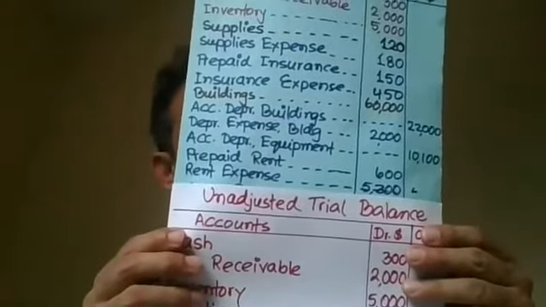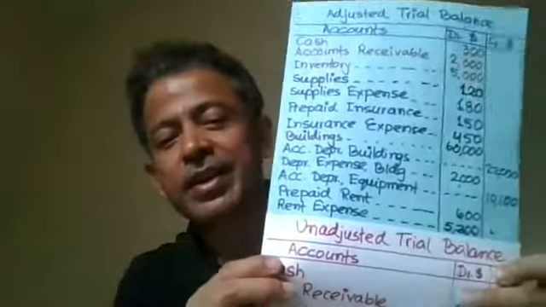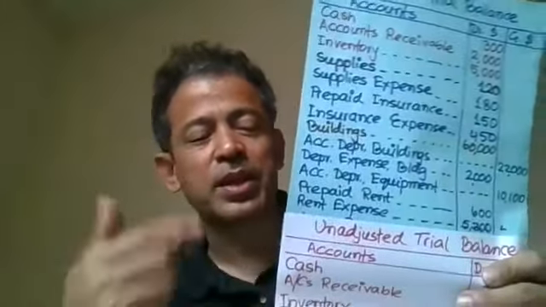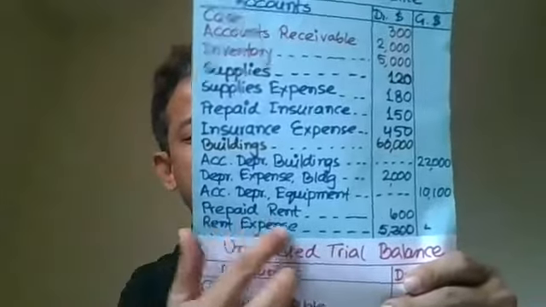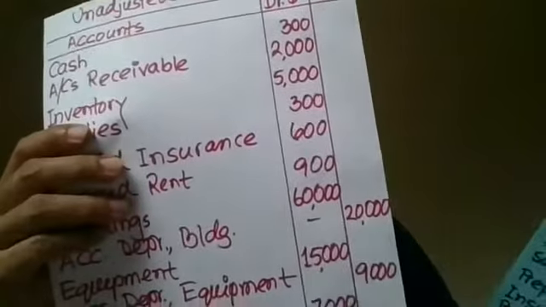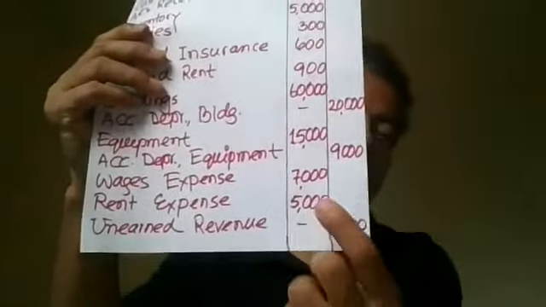So prepaid rent of $600, from $900, it has become $600. Means the $300 has to be expense, and that $300 has been added to rent expense, which was originally, in the original trial balance, $5,000 worth of rent expense. You can see here, $5,000 worth of rent expense. So with the $5,000, we have now $300 more.